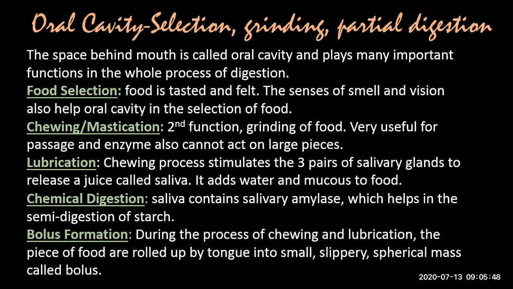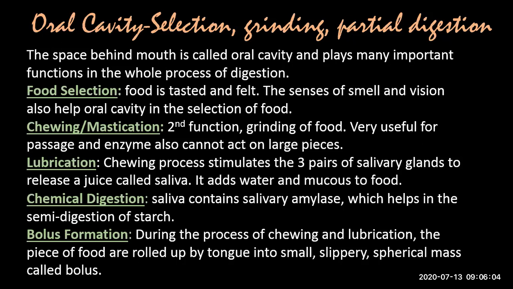How is it formed? When we are chewing and lubricating the food, our food is broken down into smaller pieces and becomes juicy and sticky. So our tongue rolls it into a small ball.